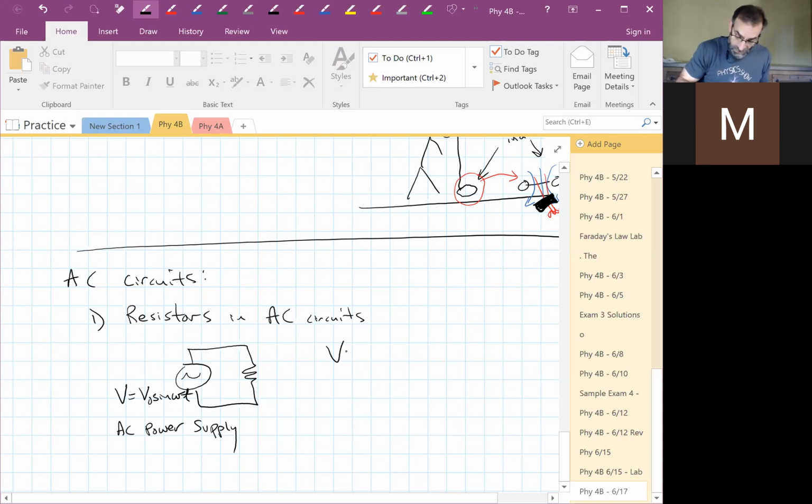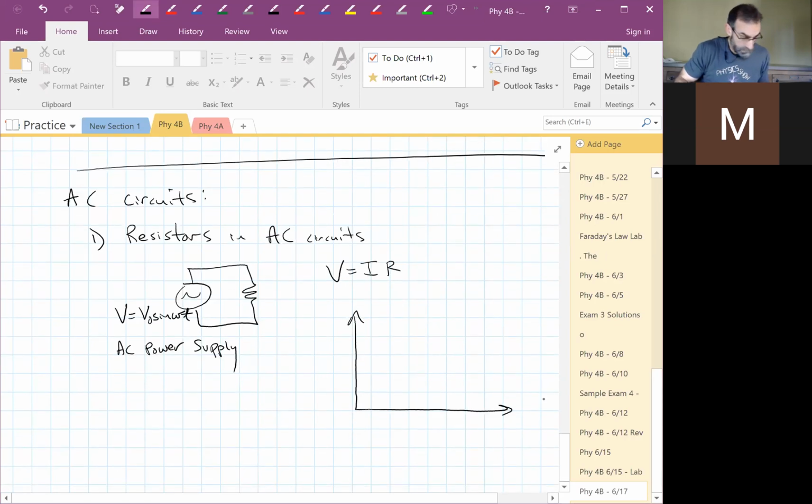And we know that the voltage across the resistor is IR. Resistance is caused by the flow of charges through a material and how they collide with the atoms and molecules that make up the wire that the charges are moving through, right?